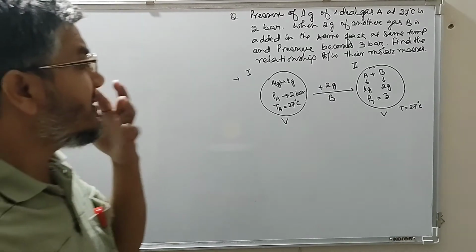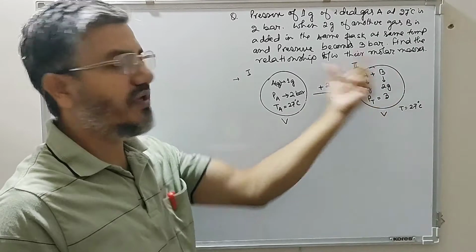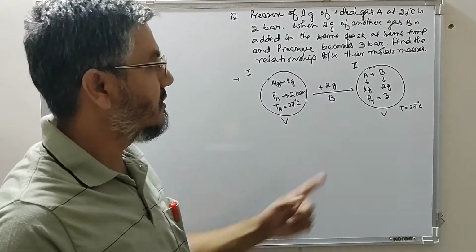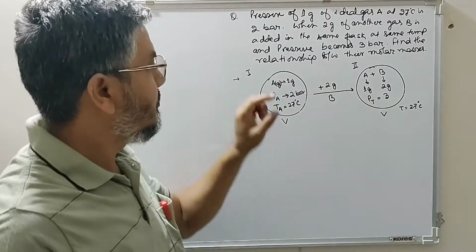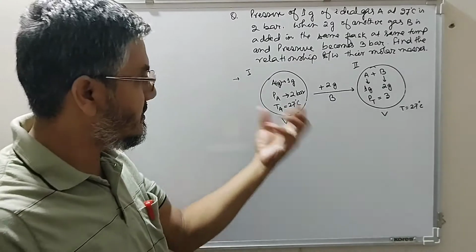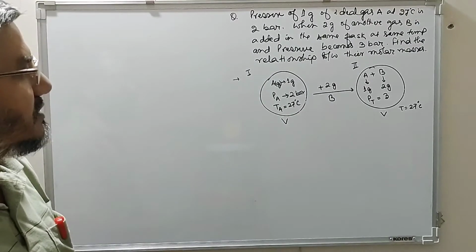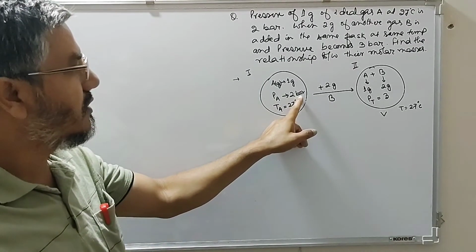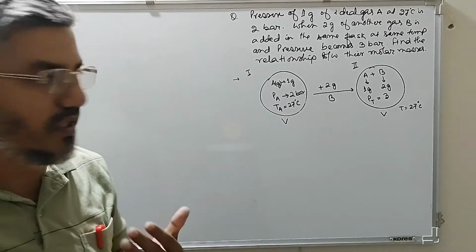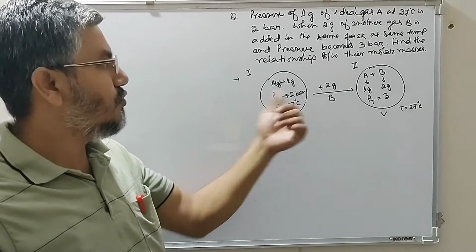Now first of all, look at this. We have a mixture of A and B. Total pressure is 3 bar. The pressure of A when it was present alone in the same container under the same temperature comes out to be 2 bar, so the partial pressure of A is 2 bar.